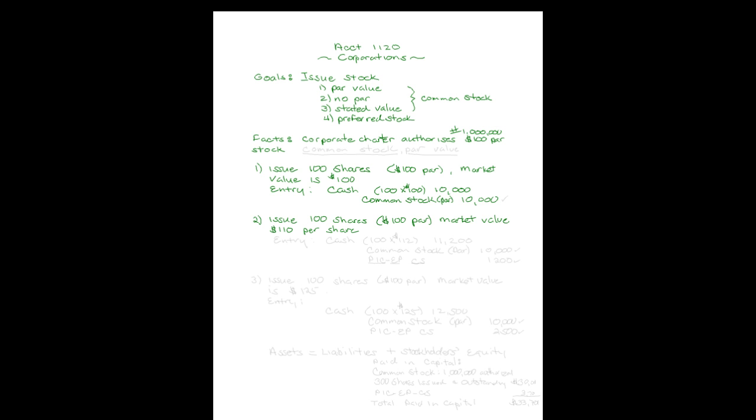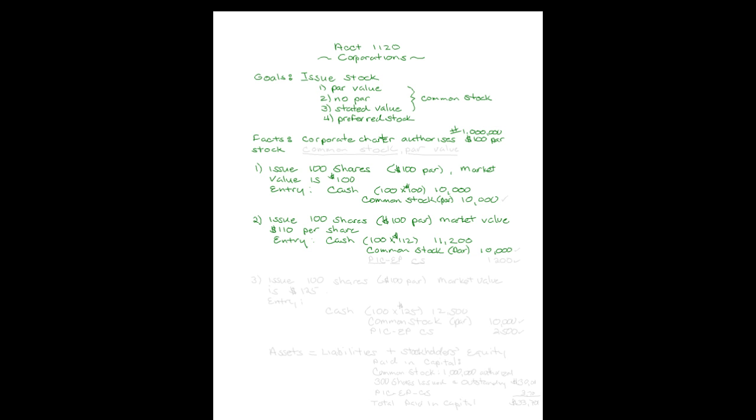So, let's come up with this entry. How much cash will we get? Well, the cash is going to be 100 shares times $112 per share, $11,200. Into common stock goes the par value. And remember, par value was 100 shares at $100 par value, so it will get $10,000.